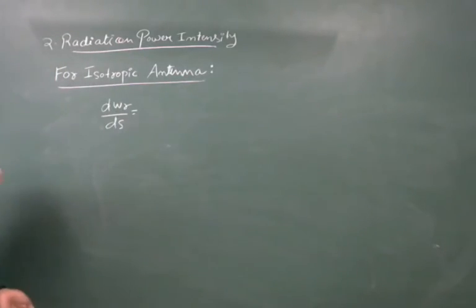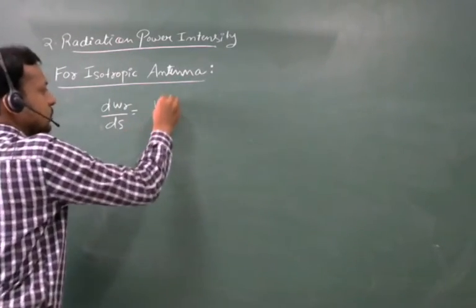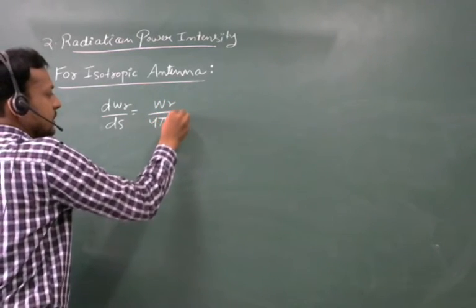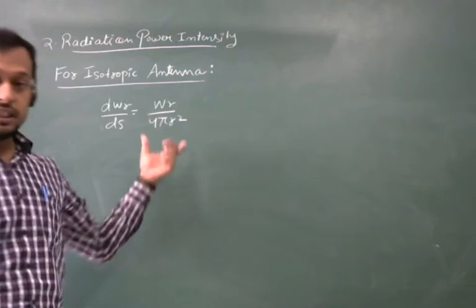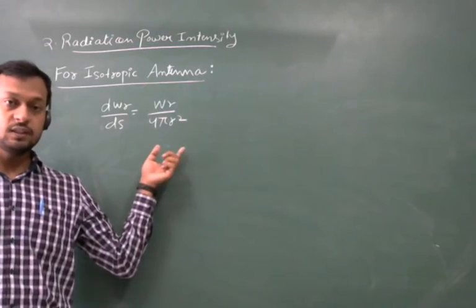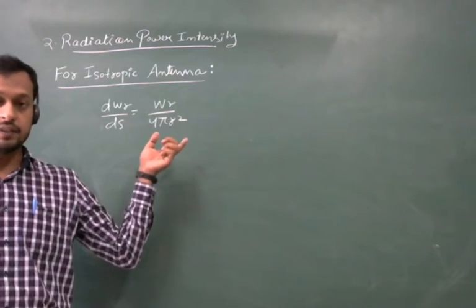So this will be the total radiated power divided by 4 pi r square. So this differential simply becomes a division.